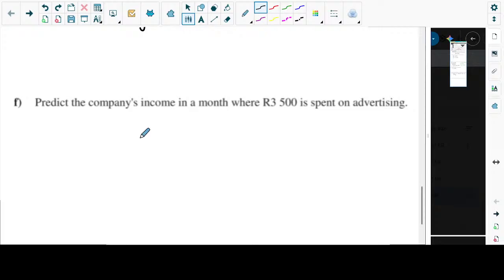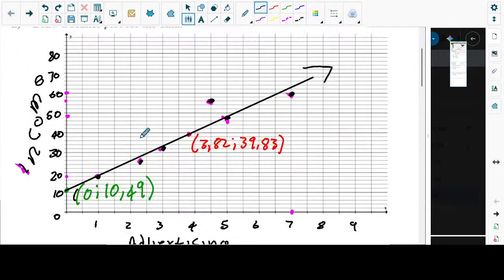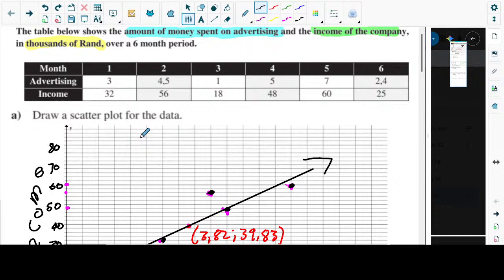We want to check whether it is interpolation or extrapolation. That's what we have to check first. We have to check the biggest value on the X column. Remember, the table is given in thousands, because they said this is in 1,000.